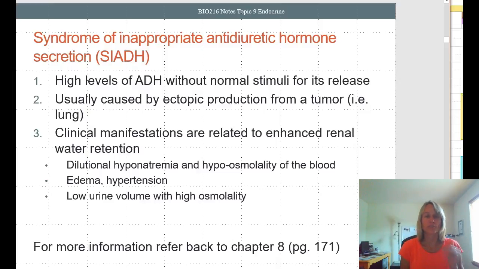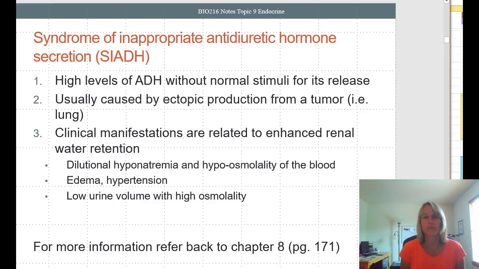The normal stimulus for ADH release would be hyperosmolality of the blood and low blood volume. Okay, so that would stimulate the release of ADH. And then ADH would cause water reabsorption, which would normalize the blood osmolality, would dilute the blood, and it would raise the blood volume.